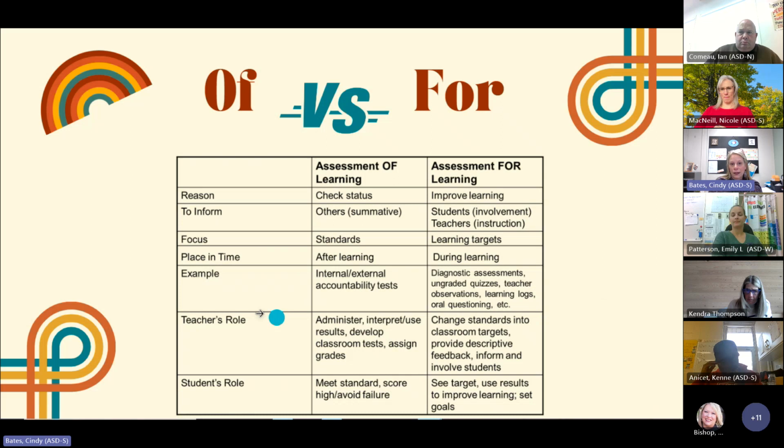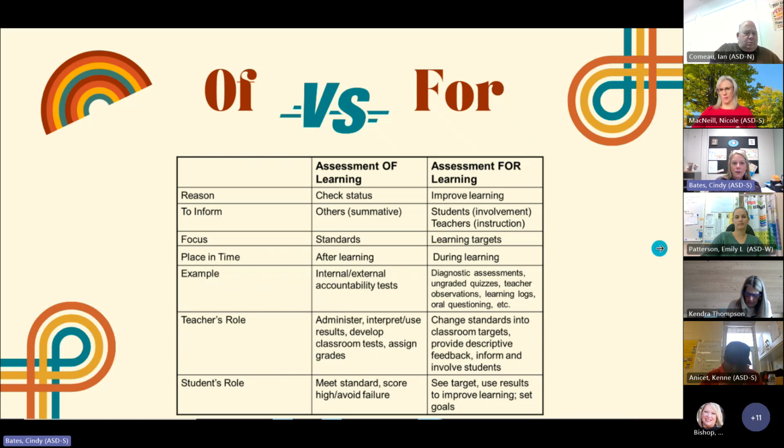And so the reason is to check, kind of like the rank, the grade, the final mark on something before you typically move on. Whereas for learning, it's about improving the learning. It's really about finding out where a student, where a learner is at a place in time, and using that to inform your own instruction, but also to help them with their goals and their learning targets.